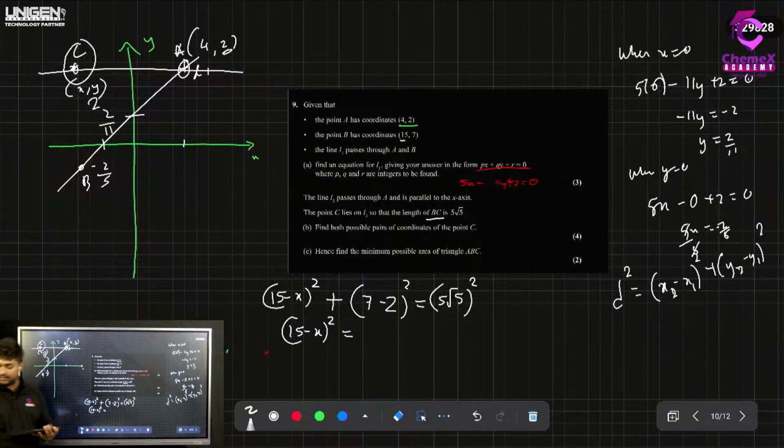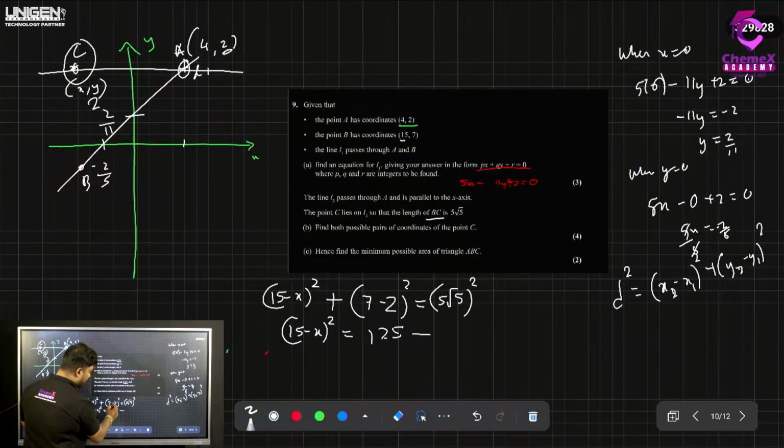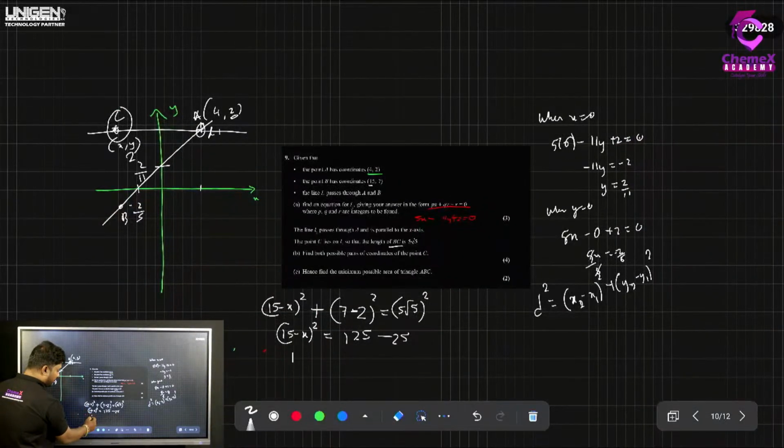What is 5 root 5 squared? 125 minus (7 minus 2 is 5, 5 squared is 25). So you take it to the other side, so it's going to be 100. So 15 minus x squared is equal to 100.